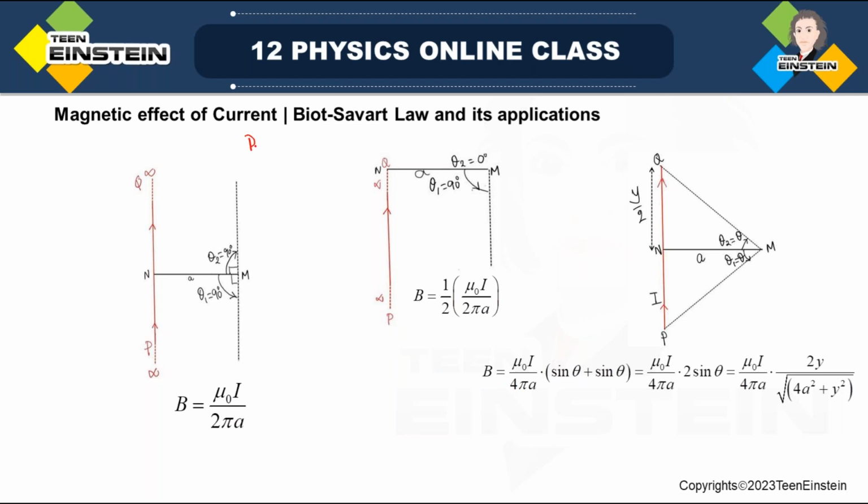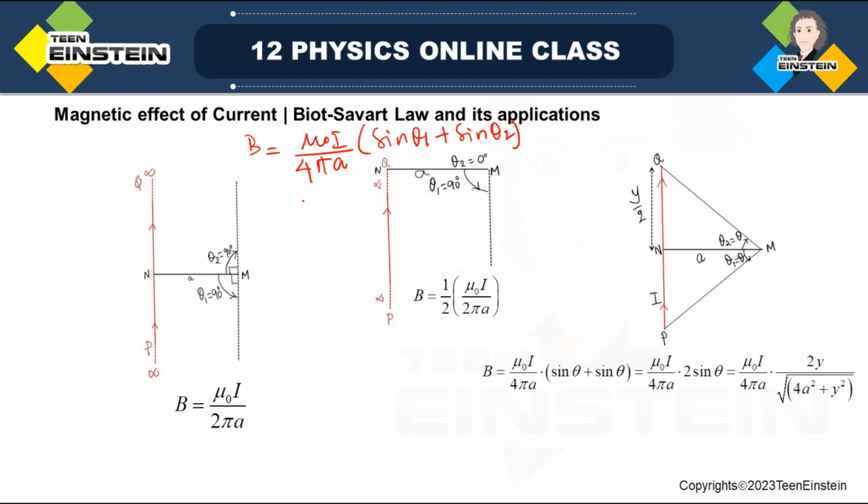So the general formula for a straight conductor we got is mu0 I by 4 pi a, sine theta 1 plus sine theta 2. Suppose I have the current carrying conductor infinitely long on both sides.